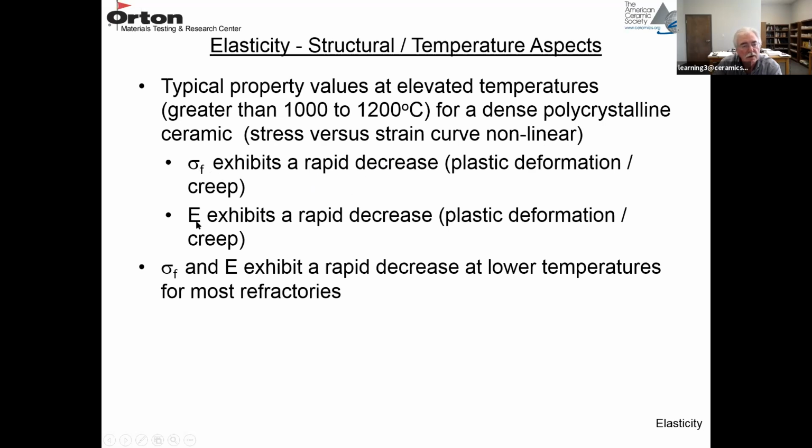The Young's elastic modulus starts to fall off more rapidly, and that's because we're starting to have some plastic deformation or creep in either case here. So it's no longer linear elastic, and we're starting to have plastic deformation, and these properties start to fall off rather quickly. And for a refractory material, the drop in strength or elastic modulus is going to be much more rapid than for a higher performance polycrystalline ceramic.